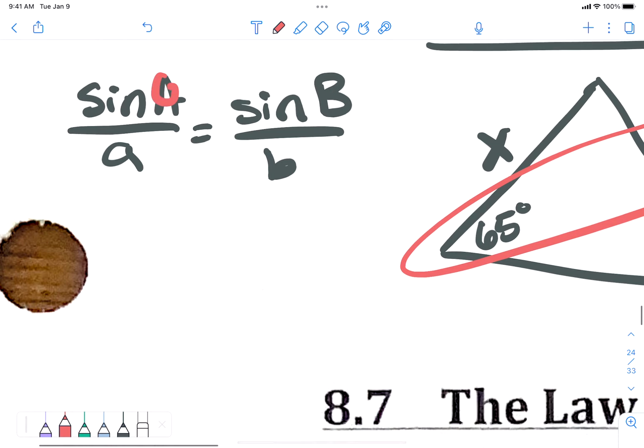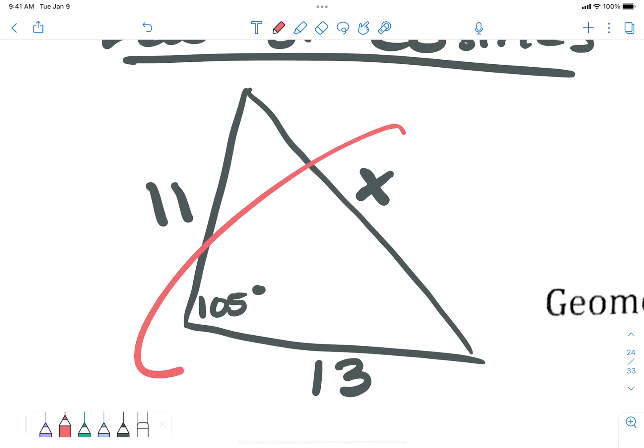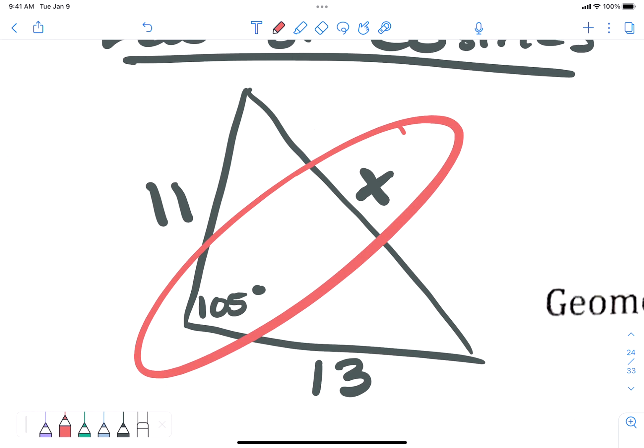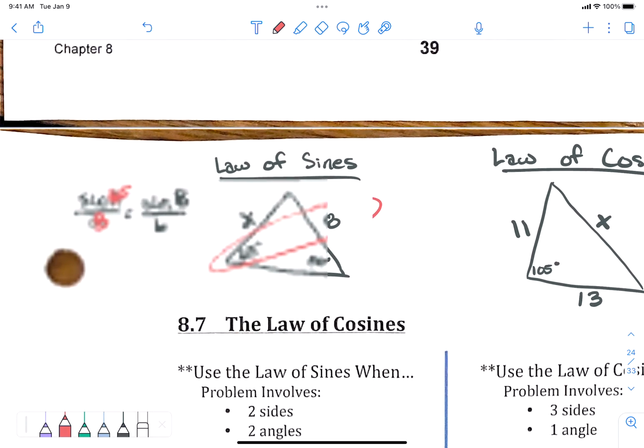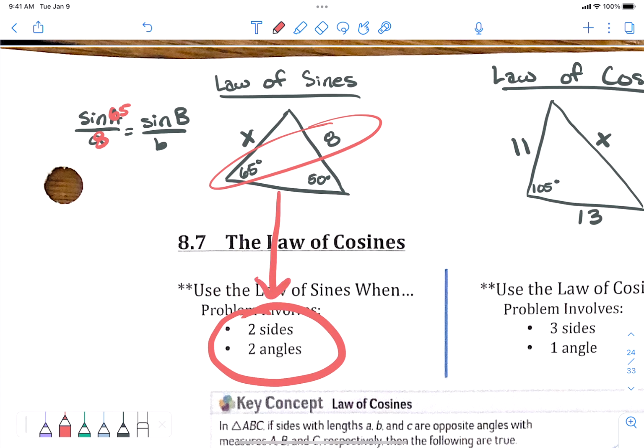Then I can put the 65 here and the 8 here, and then I have one grouping. Look over here at this right side one. Do I have a grouping there? No. This would be a grouping if I knew what X was, but that's what I'm solving for, so that's the problem. You use the law of sines when you are doing two sides and two angles, okay?